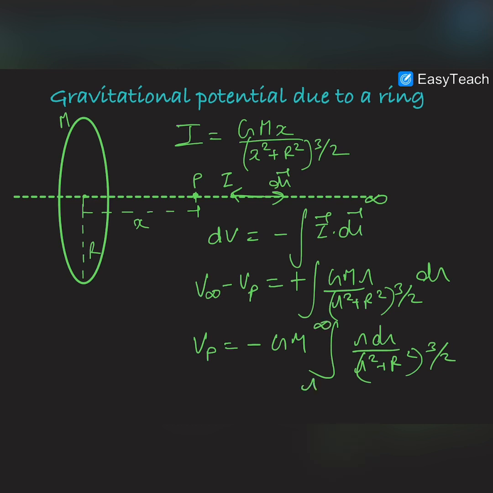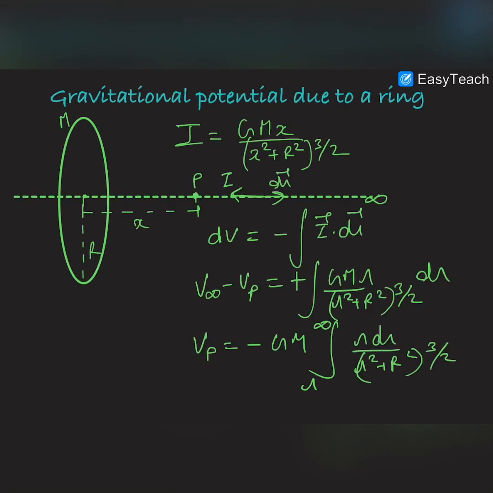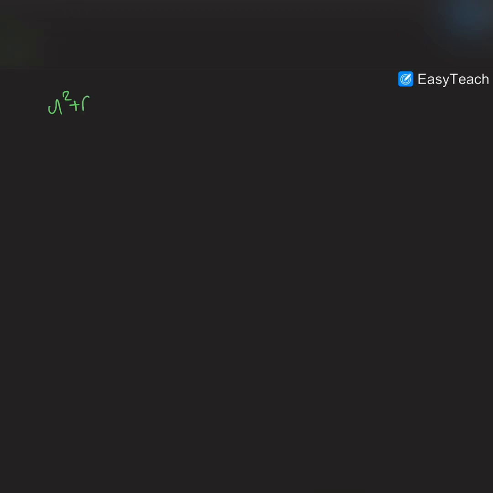Now to integrate this term, let us assume that r square plus capital R square is equal to z square, and therefore 2r dr is equal to 2z dz, and r dr is equal to z dz.